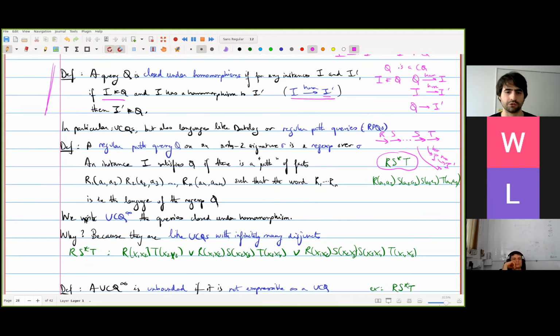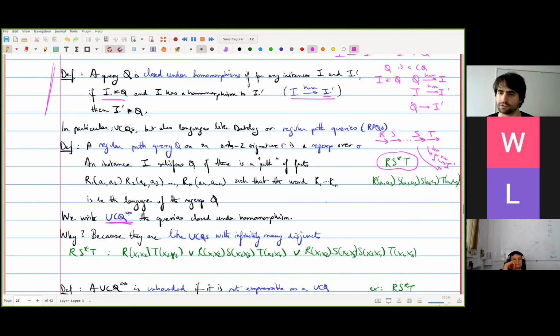Another way to think about queries closed under homomorphisms is to think of them as infinite unions of conjunctive queries. I write UCQ infinity like this, because it's like a disjunction over CQs, but I have infinitely many CQs.